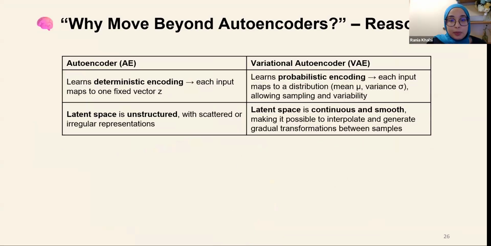Let's now summarize. Okay, so we explained that in an autoencoder, the latent space is unstructured with scattered or irregular representations. We also discussed how VAEs address this by enforcing a continuous and smooth latent space, making it possible to interpolate and generate gradual transformation between samples.